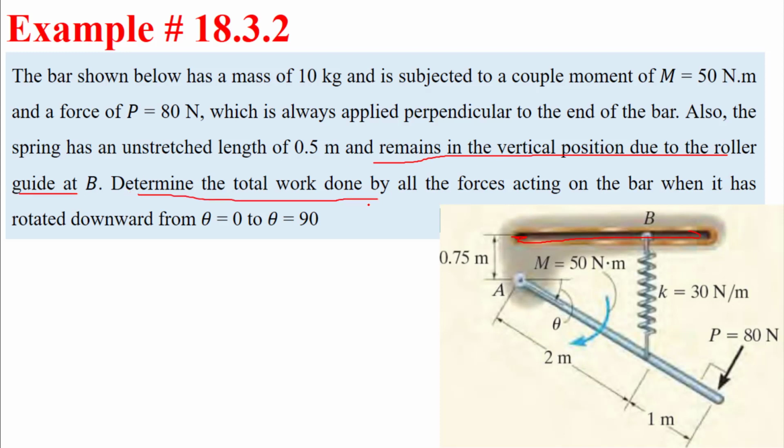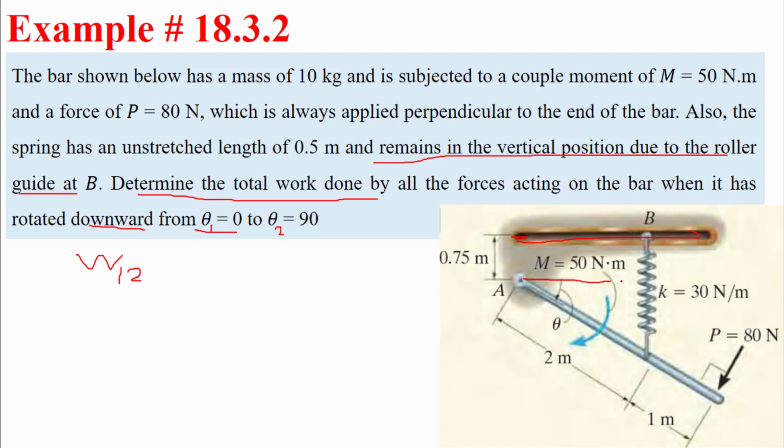Determine the total work done by all the forces acting on the bar when it has rotated between theta 1 equal to 0 up to theta 2 equal to 90. We mentioned earlier that work happens between two states, so it depends on the band.